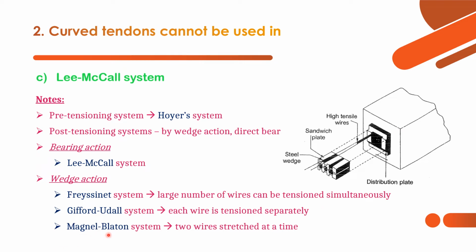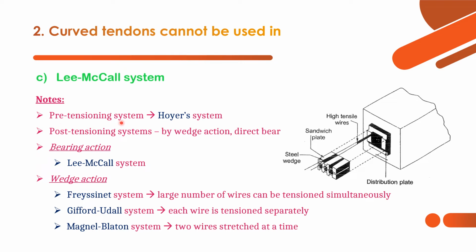And next is the Magnel-Blaton system. Here, two wires are stretched at a time. This is the actual setup for Magnel-Blaton system. So these three correspond to wedge action, and Lee-McCall system is based on bearing action.